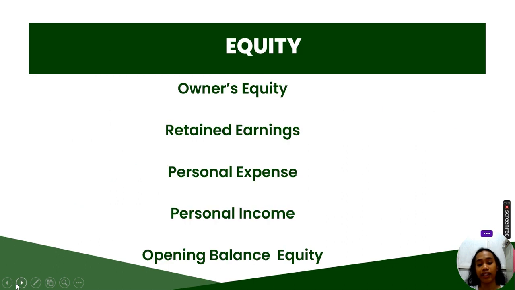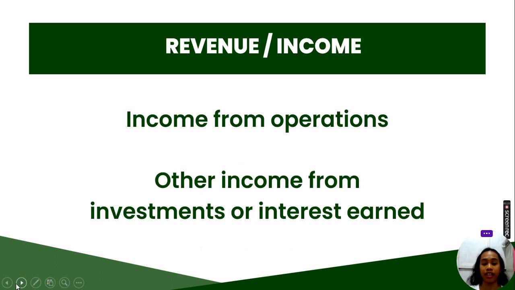And equity, of course, the account types for equity would be the owner's equity, retained earnings, personal expense, personal income, and opening balance equity. For the revenue and income, we have the income from operations of the business, as well as the other income from investments or interest earned.